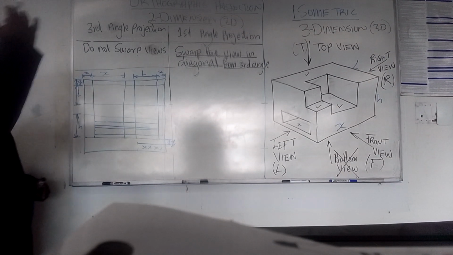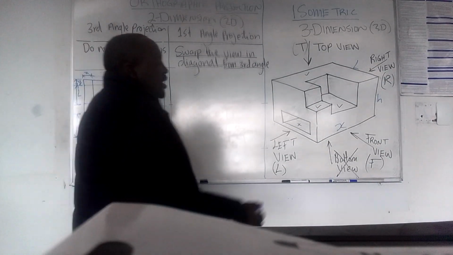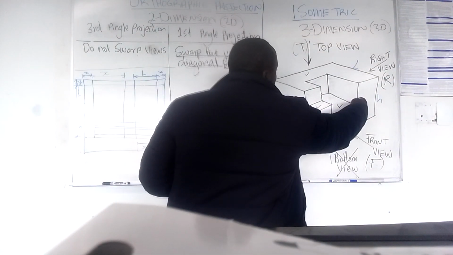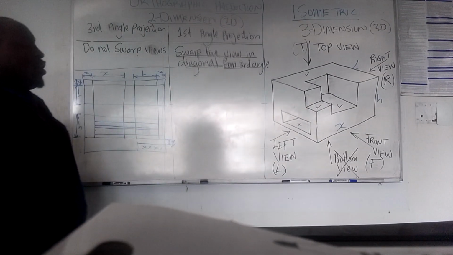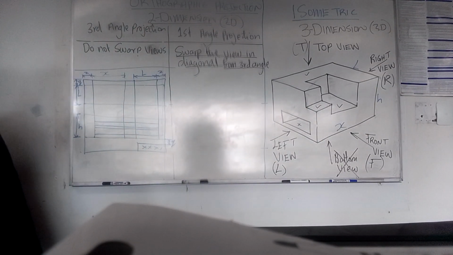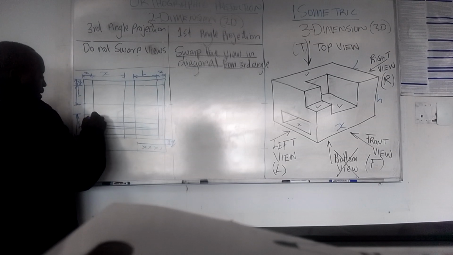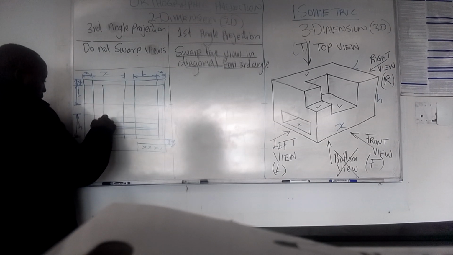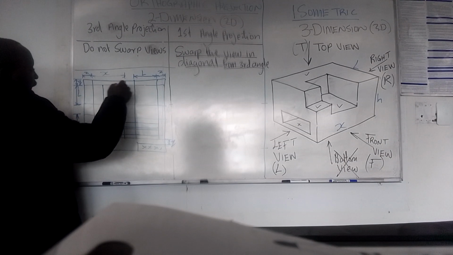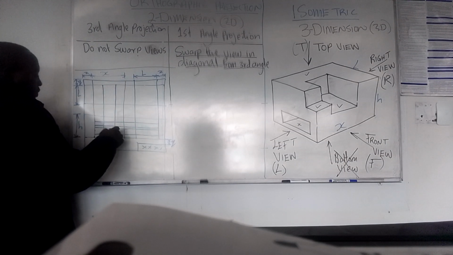Now I want the vertical lines. I need this one and this one. This drilled hole, it goes all the way. So I'll measure from there to there. I'll draw a line straight from the top. From there to there, because it's equal size, straight from the top.